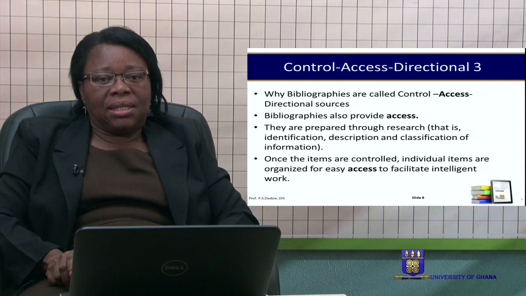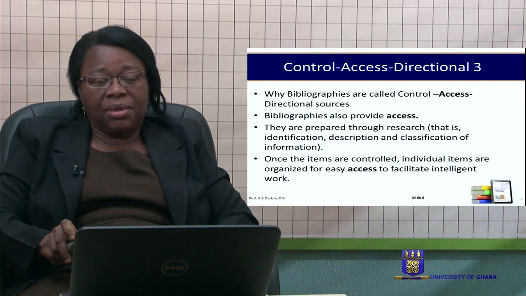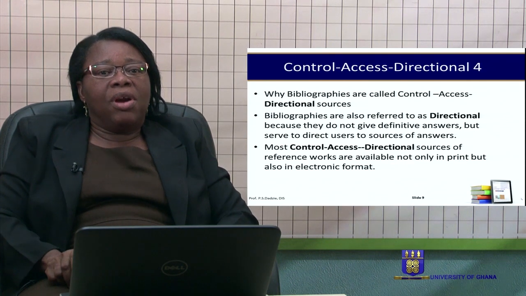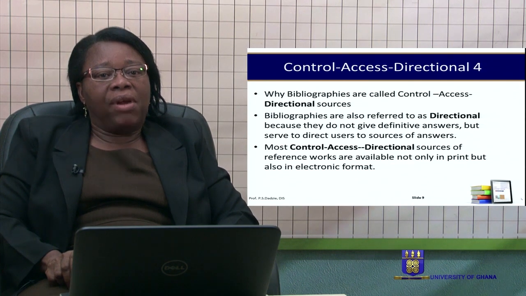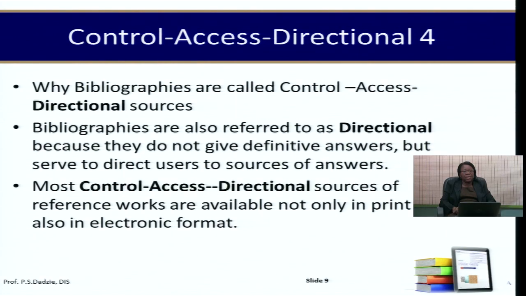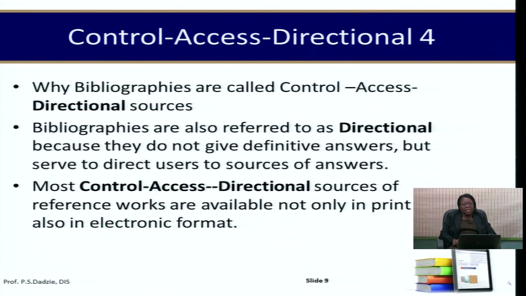They are organized, so we call them directional. Bibliographies are also referred to as directional because they do not give definite answers, but they point to where you can find the answers. They serve to direct users to sources of answers.